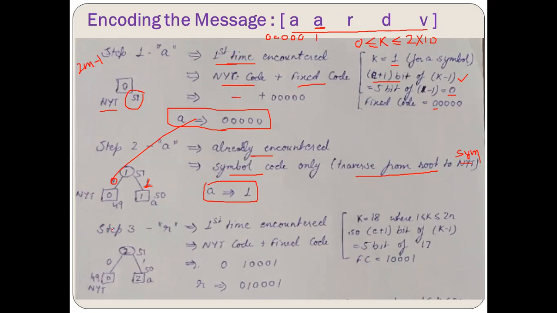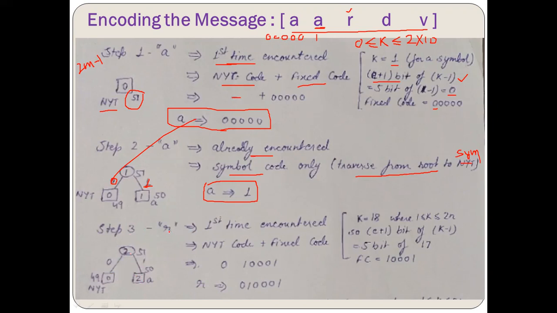Now step 3 says we are going to encounter R, right? I'm going to update the tree parallelly. This tree has been updated. That is, when A has been encountered again, I'll increment the weight of A by 1. So it was earlier 1, 1 plus 1, 2. So 2 is there, 0, 2, and 0 plus 2, 2.